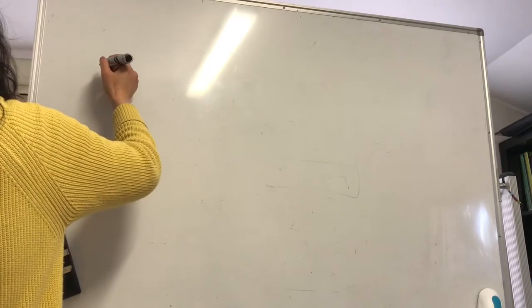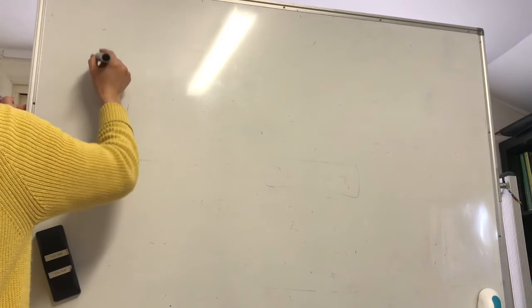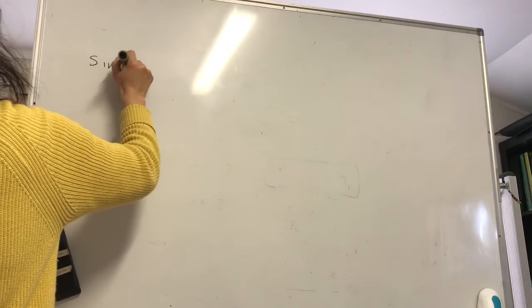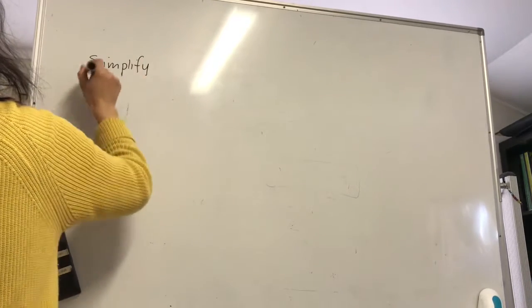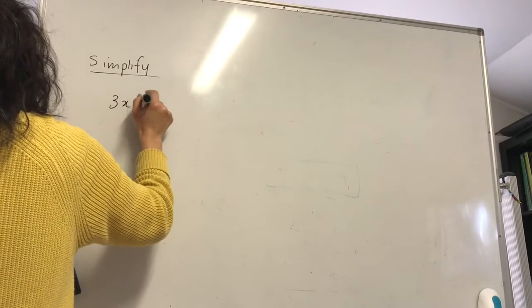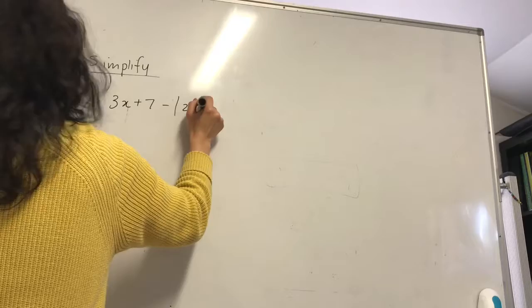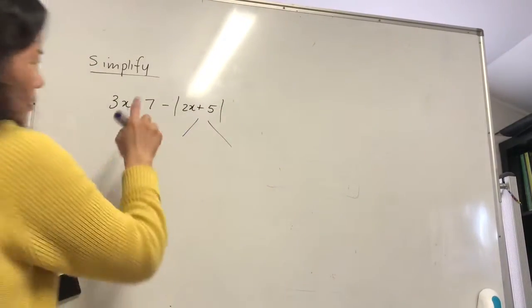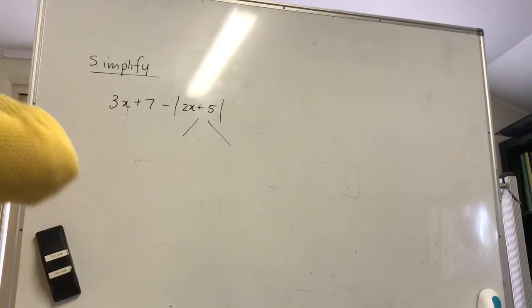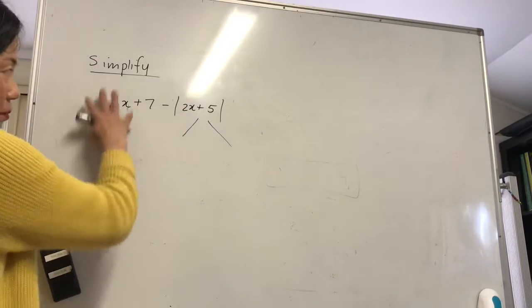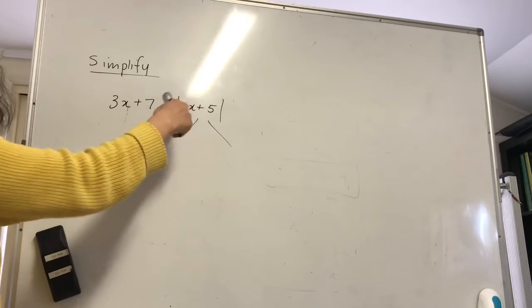Alright, this one is not solving, it's simplify. Okay, so this question, let's see. Alright, have a go at this one. There's 2 cases for this. One will be positive, one is negative. This one we can't touch, but this one will change.